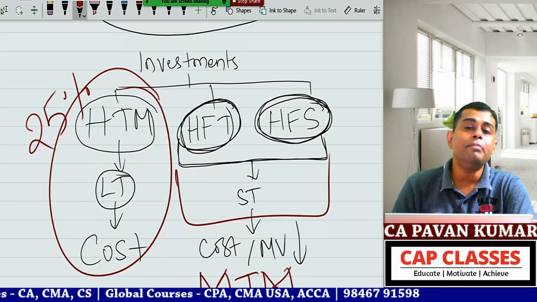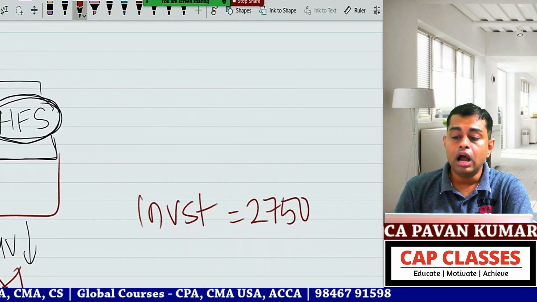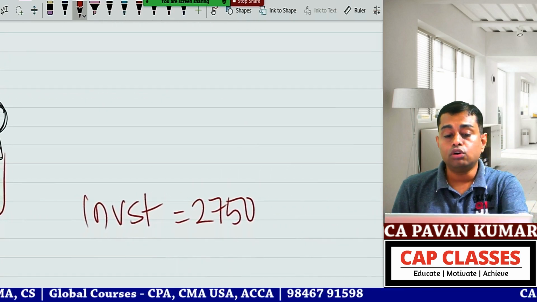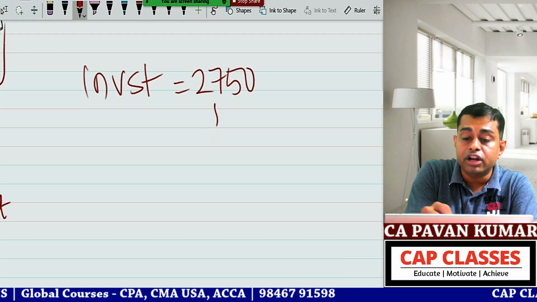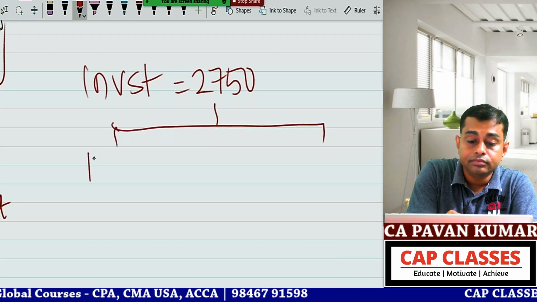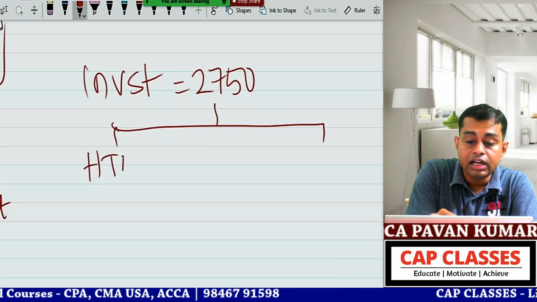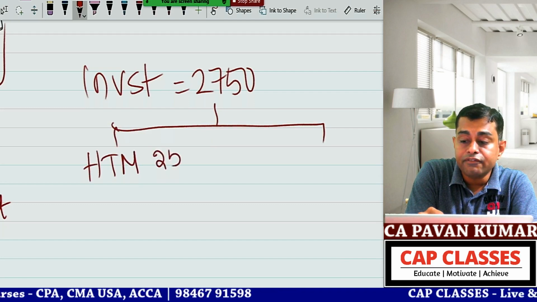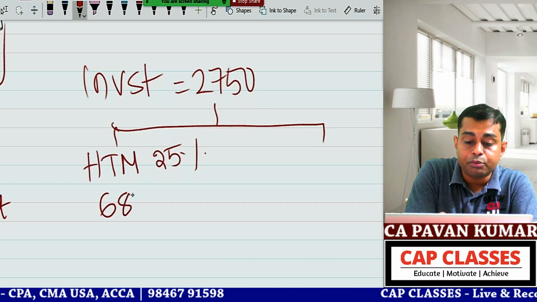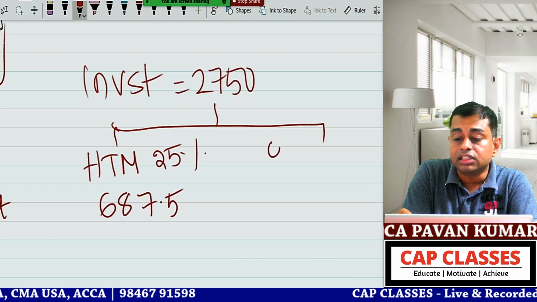This will be balance. So out of this 2750, what is the maximum held till maturity? 25%, that is 687.5.